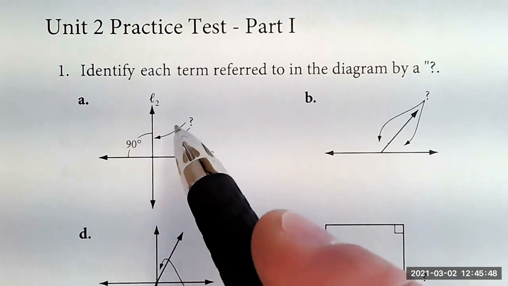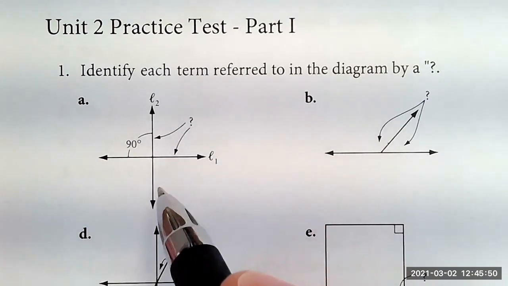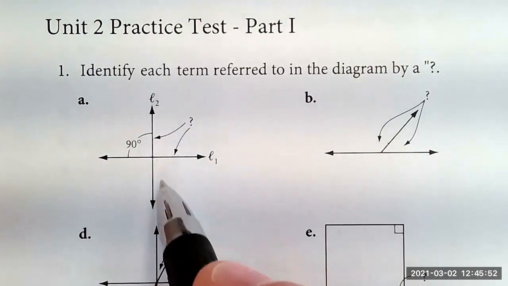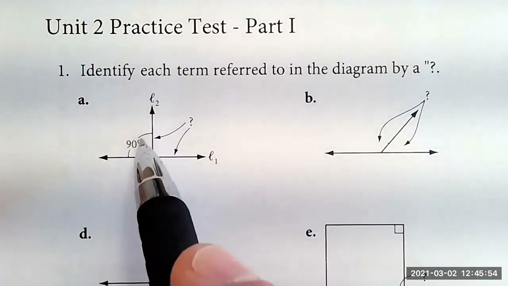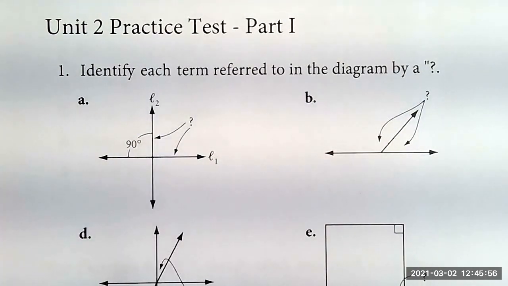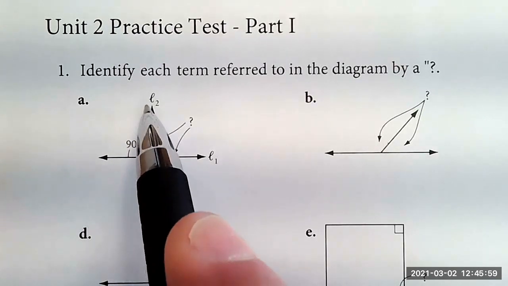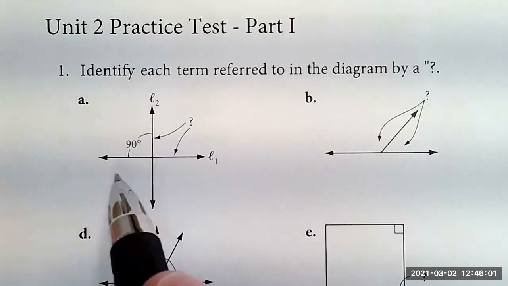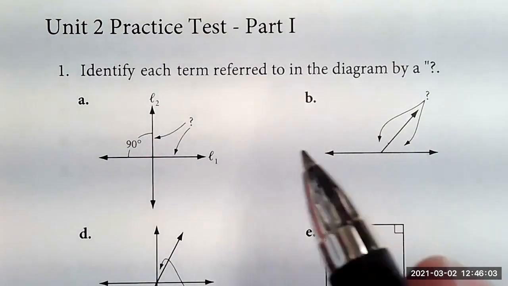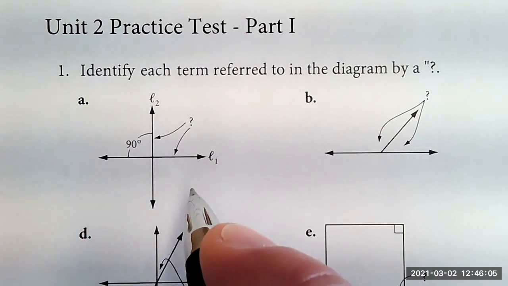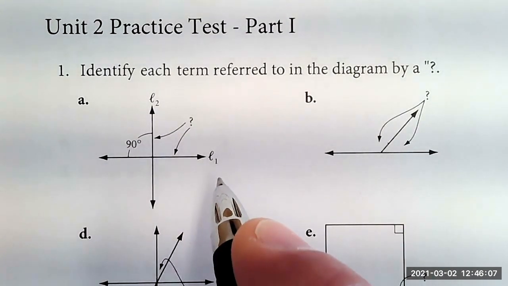This is pointing to two lines, not line segments, not rays, but the two lines. You know that 90 degrees is the same as a right angle, and where right angles define lines as being perpendicular. So your answer for A would be perpendicular lines.